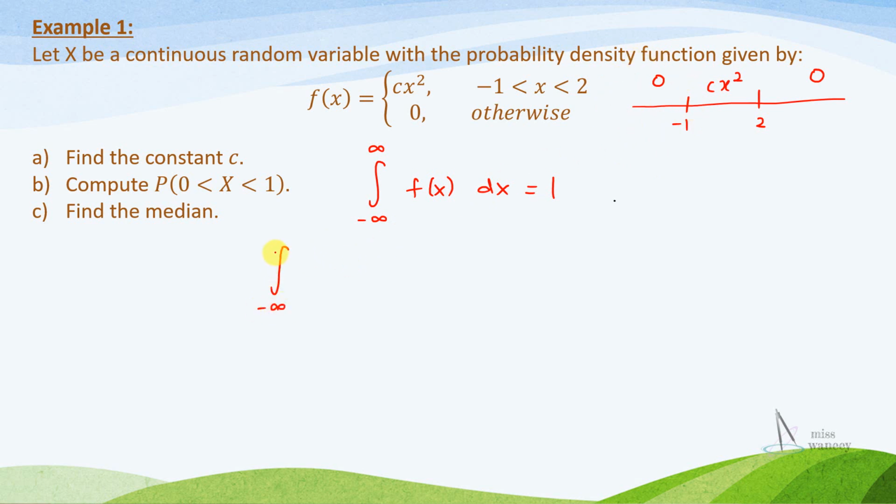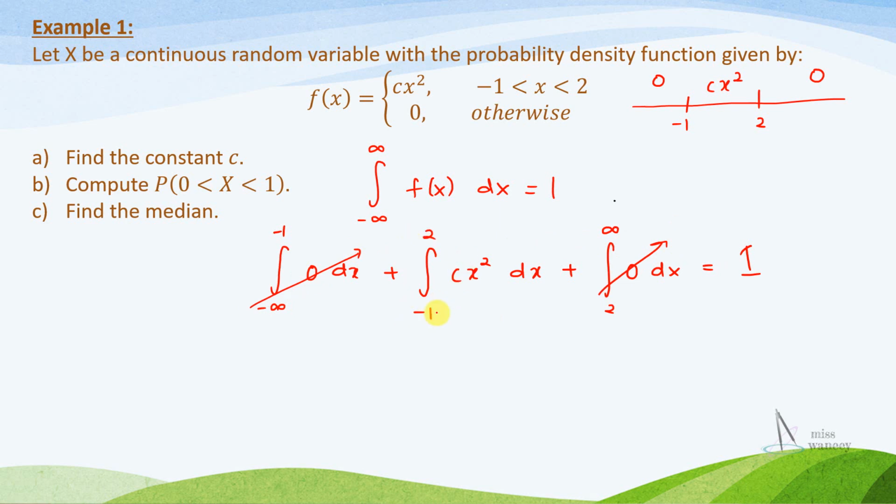Negative infinity until -1, the function is 0 dx, plus integrating from -1 up until 2 cx squared dx, and then plus from 2 up until positive infinity 0 dx, and this should be equal to 1. Integrating 0 is simply 0, so you can cancel this as well as this.